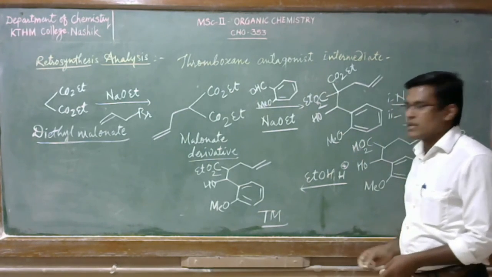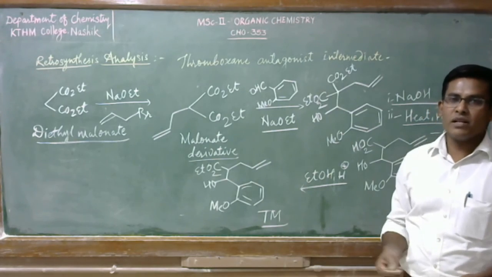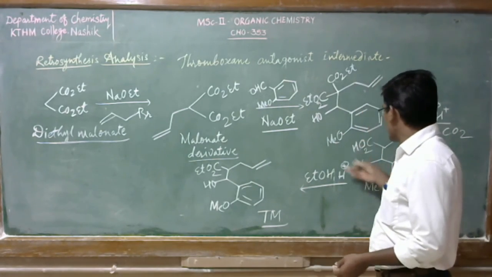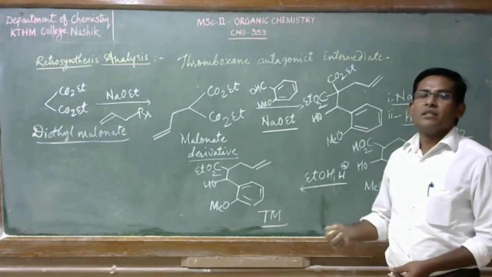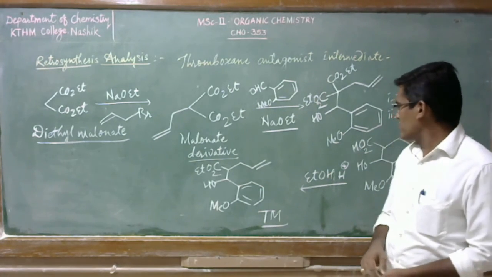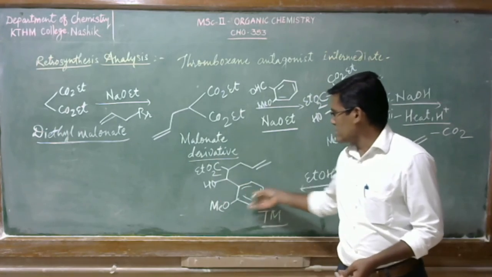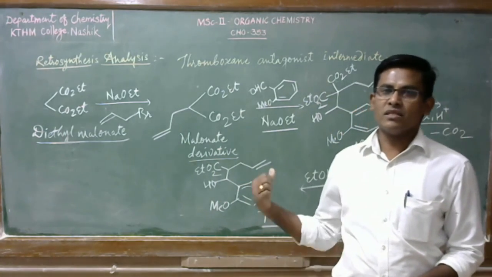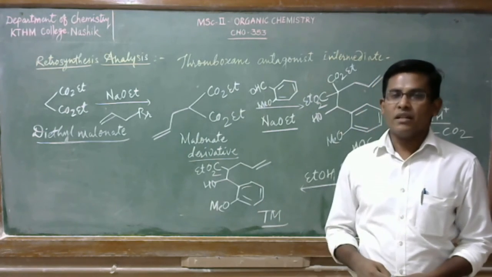Since our target molecule is having the ester functionality, we can regenerate it by treating this acid with ethanol in the presence of acid, so it gives our target molecule. So this is how we can achieve the synthesis of this particular intermediate.